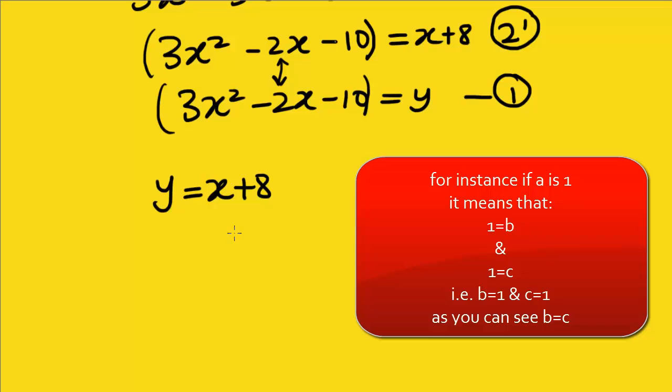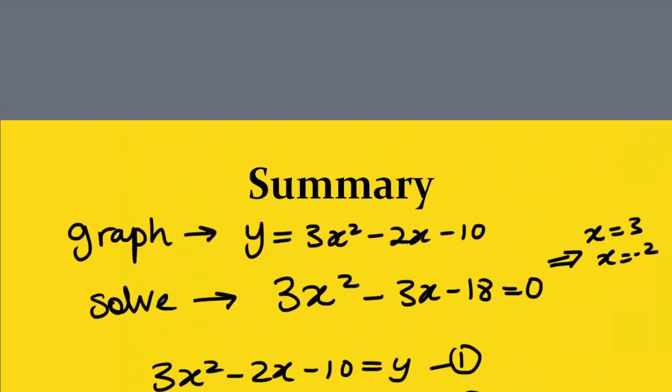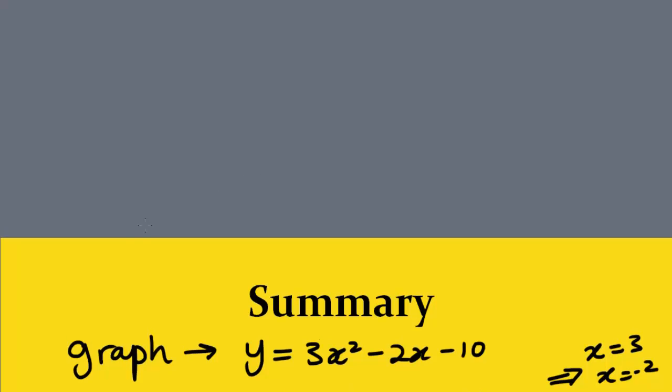So when y is x plus 8, if you look at the graph you're given, y is equal to 3x squared minus 2x minus 10. When y is x plus 8, you get the solution to the given equation.